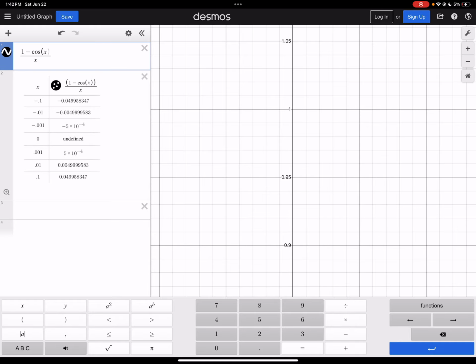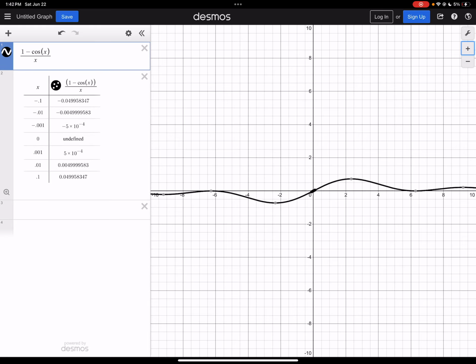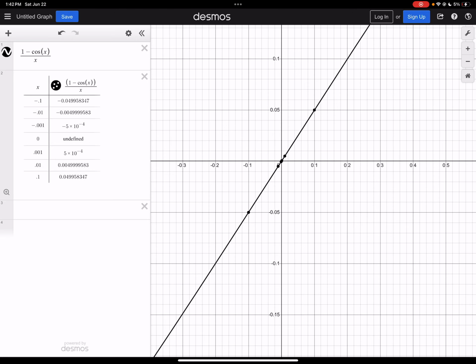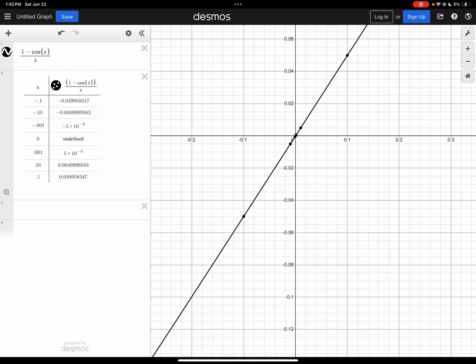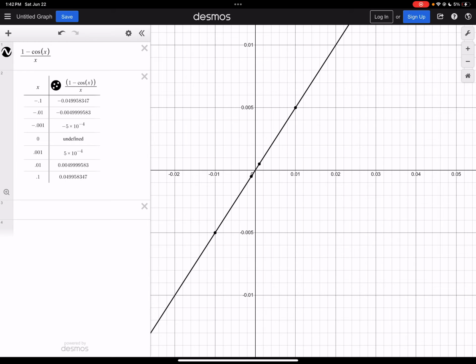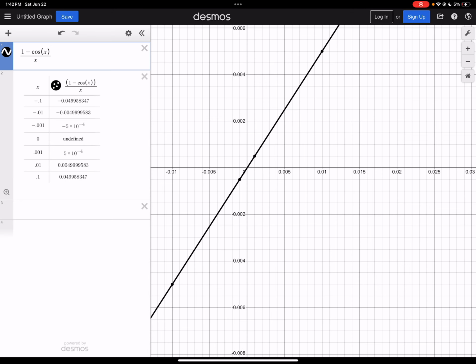If I do the same thing here, as I get closer and closer, even though 1 minus cosine of x is 0 and x is 0, so 0 over 0, which is undefined, as I get closer and closer, my limit as x approaches 0 of this function right here is going to be 0.